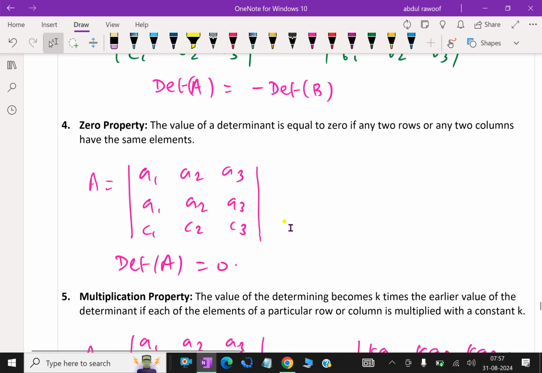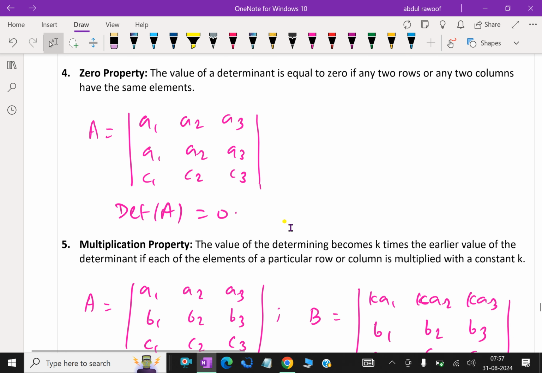Next one, the zero property. The value of the determinant is equal to zero if any two rows or any two columns are equal. Look here, this determinant A has first row A1, A2, A3, second row also A1, A2, A3, and third row C1, C2, C3. If it is like this, then determinant A equals 0. It is not necessary to calculate, we can directly put 0.